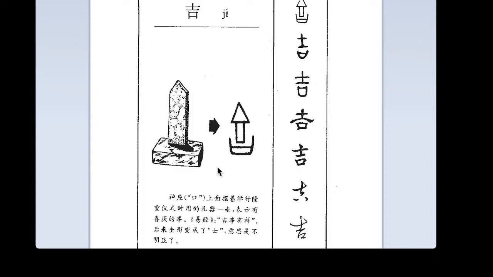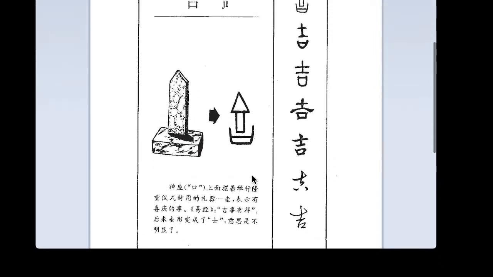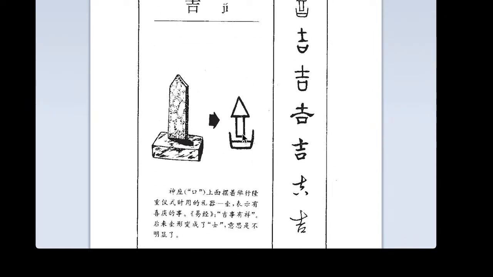Okay, so in China the tradition is they will have a jade piece presented on the altar to signify and celebrate the event. Okay, so the picture is literally drawing that jade piece on top of the, there's a special place to put that jade piece. Okay, so it's literally a picture of that.